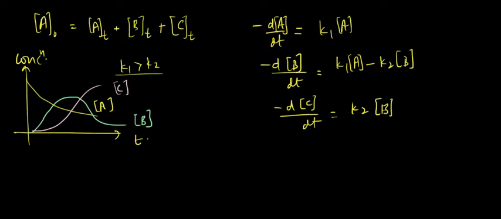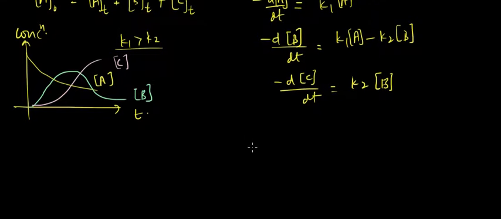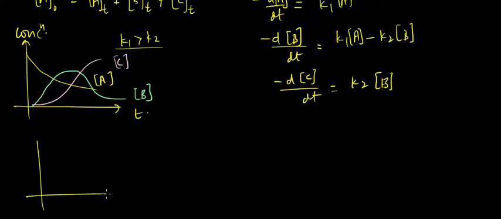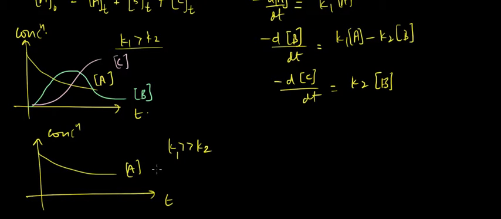Okay, then let's see what will be the nature of the graph when K1 is much greater than K2. So in this case, again, this would be the nature of the concentration of A, rather let me make it finer.